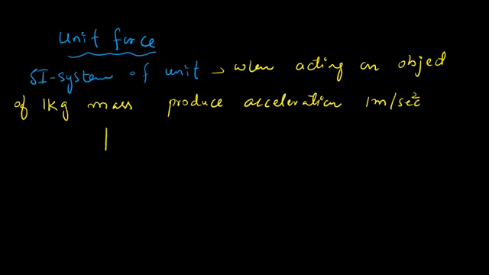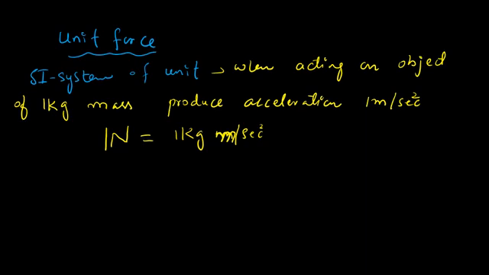So we define the SI unit of force as 1 Newton, and 1 Newton is equal to 1 kilogram meter per second square. That is, when a force of 1 Newton acts on an object of mass 1 kg, it will produce an acceleration of 1 meter per second square.